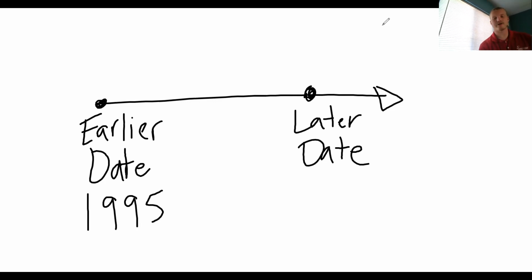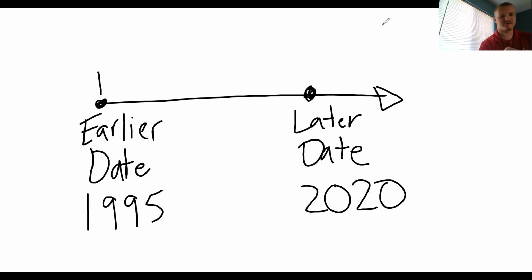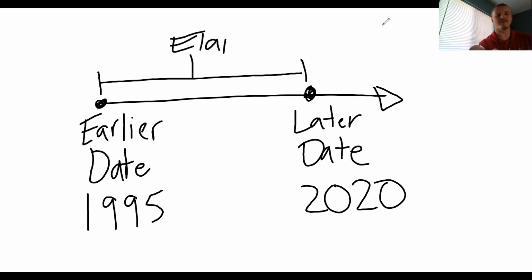So we are in 2020. We love you 2020, sarcasm. We do not love you 2020. 2020 is the worst. Okay, so the difference between the later date and the earlier date is going to be called your elapsed time.